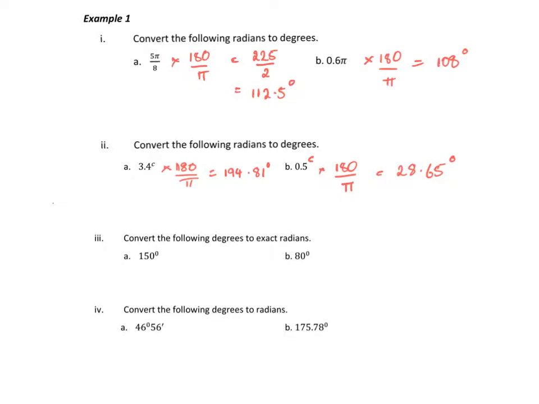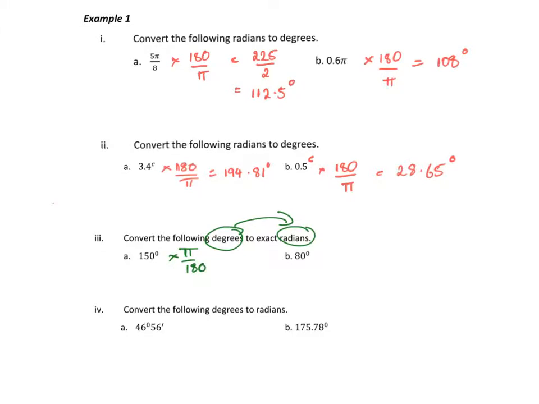In the next part, in part 3, we're looking to go from degrees to radian. So let's try that. What do we know when we're going from degrees to radian? We times by pi on 180.